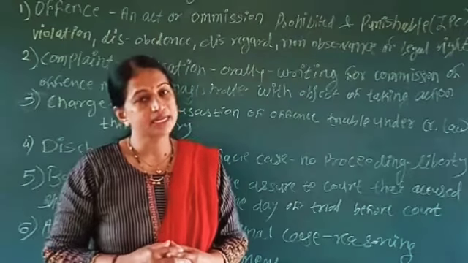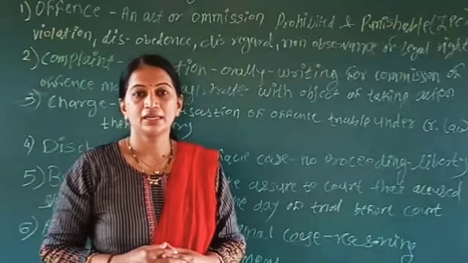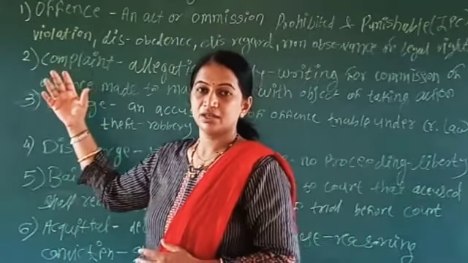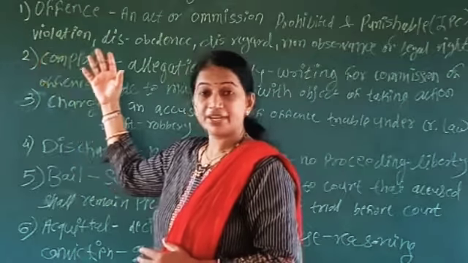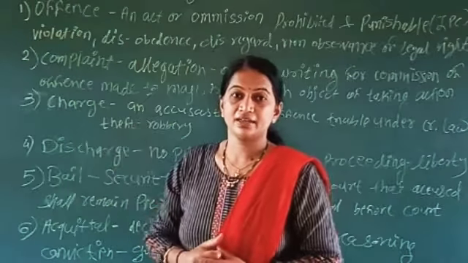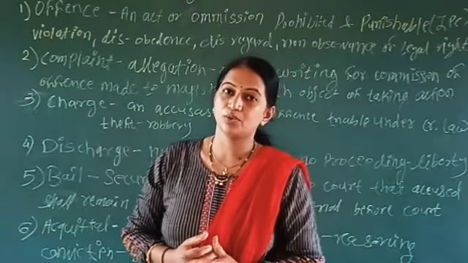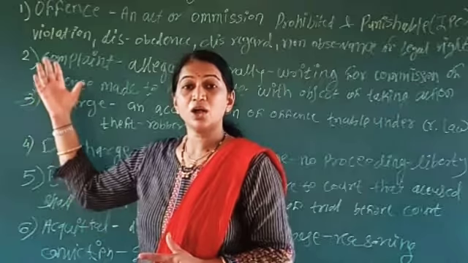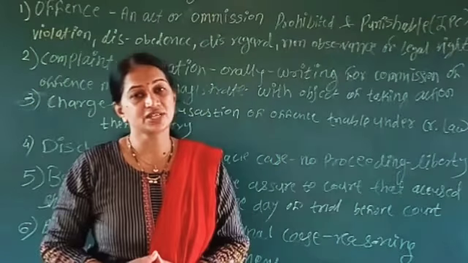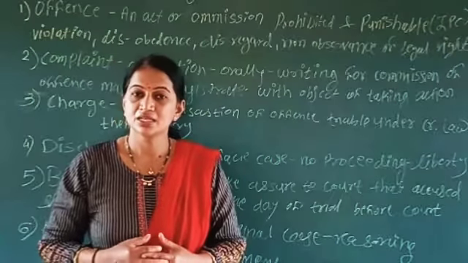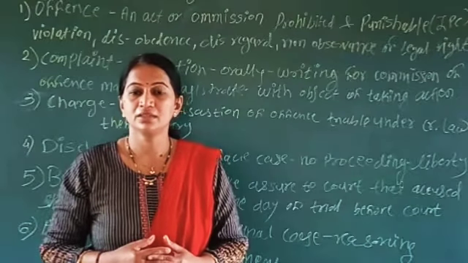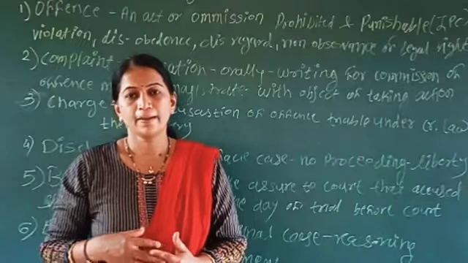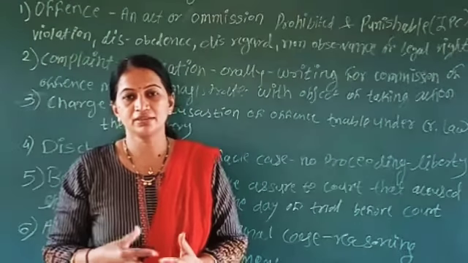Under the Indian Penal Code, there are various offences stated. These offences may be classified as the offences against the person, meaning to assault someone or to commit murder of someone.